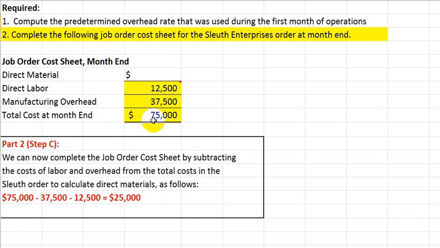If we take $75,000 and subtract the 37.5 and the 12.5, we come up with $25,000 as our direct material. That will complete our worksheet, so that we now can turn in the worksheet and tell them that $75,000 is in the Sleuth project, and we know what the cost components are for each of the pieces of the $75,000.